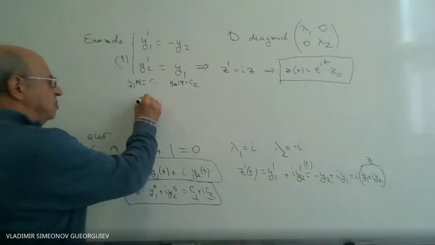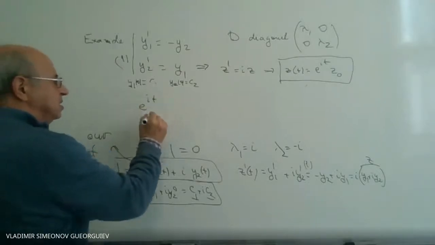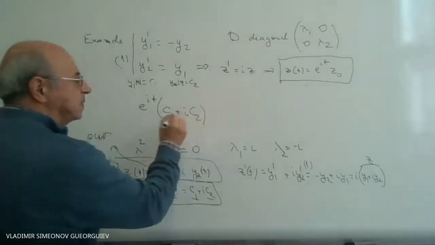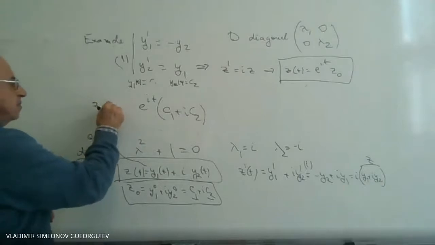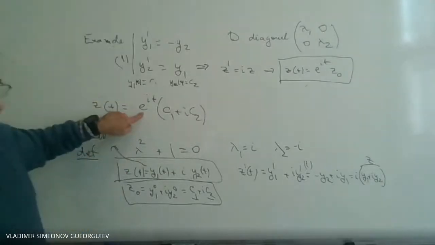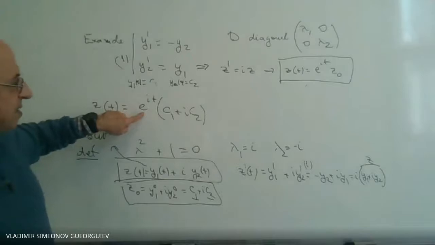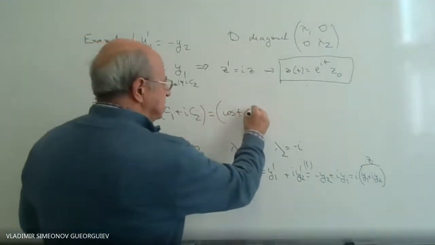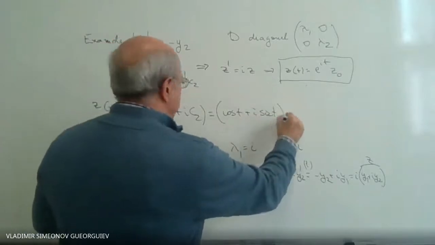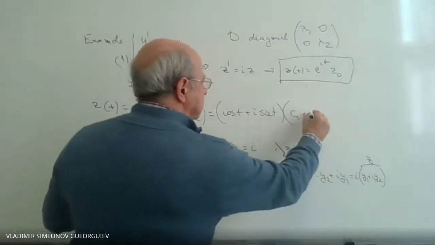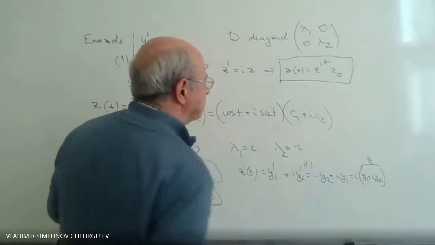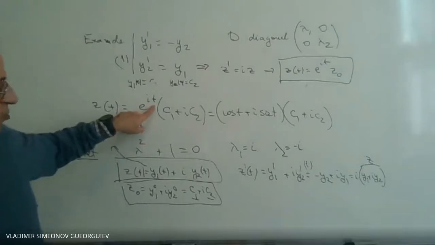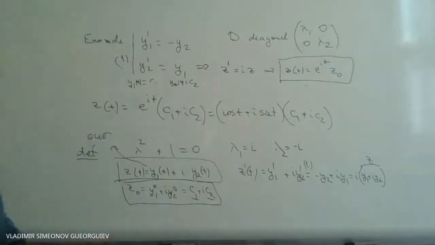We have e to the power It, zeta(0) was c1 plus I c2. This is zeta(t). I use the representation with cosine and sine. So this is cosine t plus I sine t multiplied by c1 plus I c2. I substitute with our definition: e to the power It is cosine and sine.